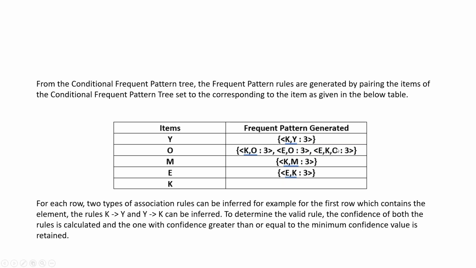You just have to create the rules from these pairs, check which rules satisfy the minimum confidence level, and discard all other rules. So that was all about the FP tree method.